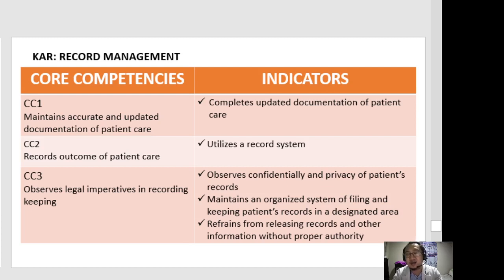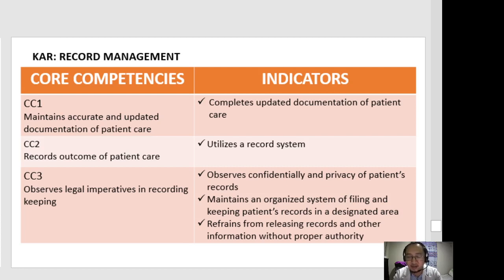There must be a safe place in the ward, in the department, whether you're in the community or hospital setting. There must be a record section that not everybody or anyone can access immediately. Then refrain from releasing records and other information without proper authority.